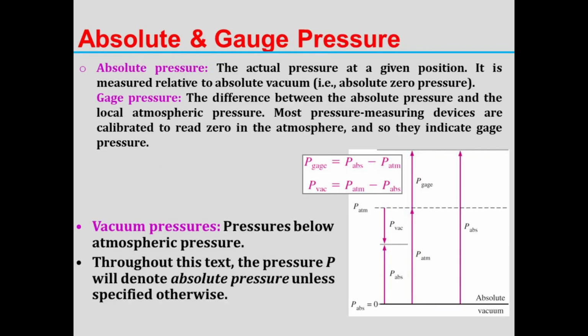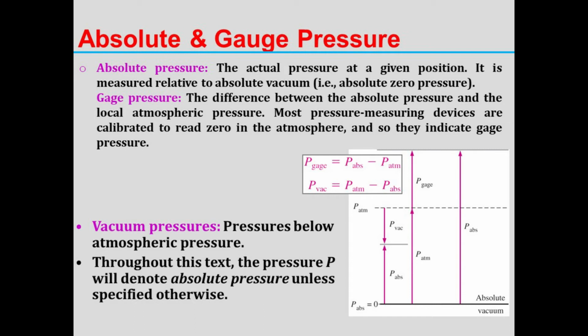This figure shows the relationship between P absolute, P atmosphere, and also P gauge. The line at the bottom is the absolute vacuum line, where P absolute at the location is 0. The line at the center is P atmosphere, or the normal pressure we feel in the room.